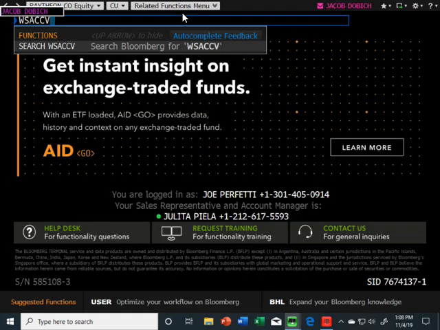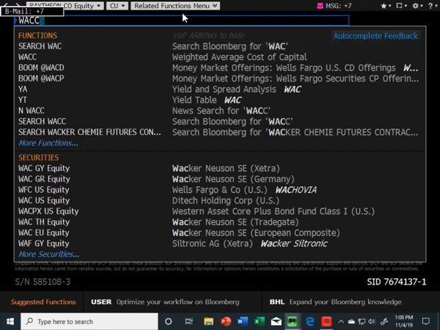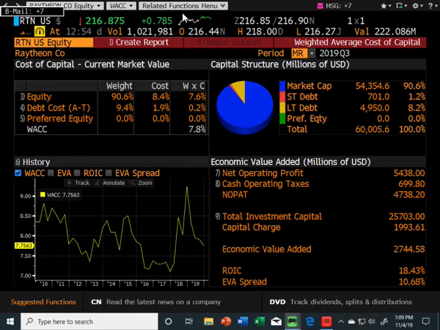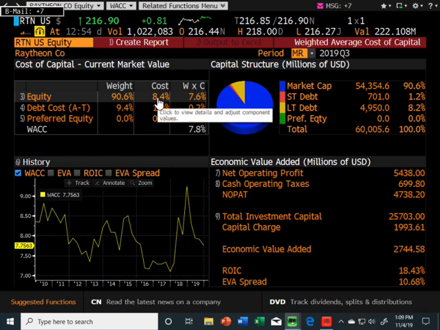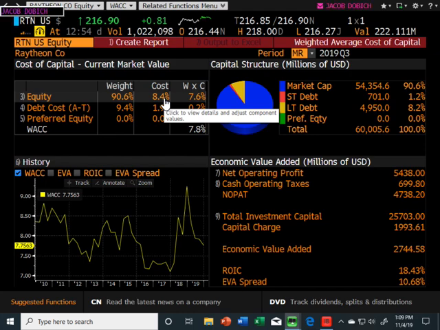On the WACC screen, what we previously used was 7.8. That was the cost of capital for the company. But what we're going to use to do a pure PE multiple is the cost of equity, which today is 8.4%. So the weighted average cost of debt and equity is the 7.8, but if I just want a clean cost of equity, it's 8.4.